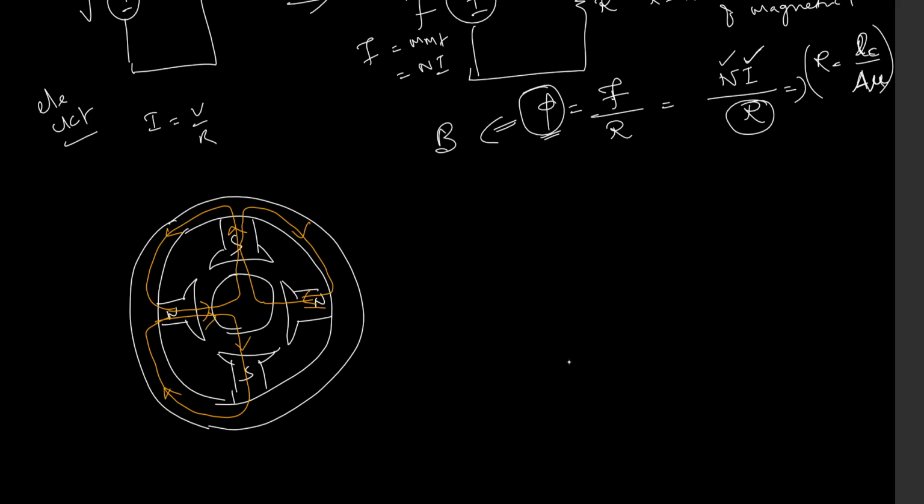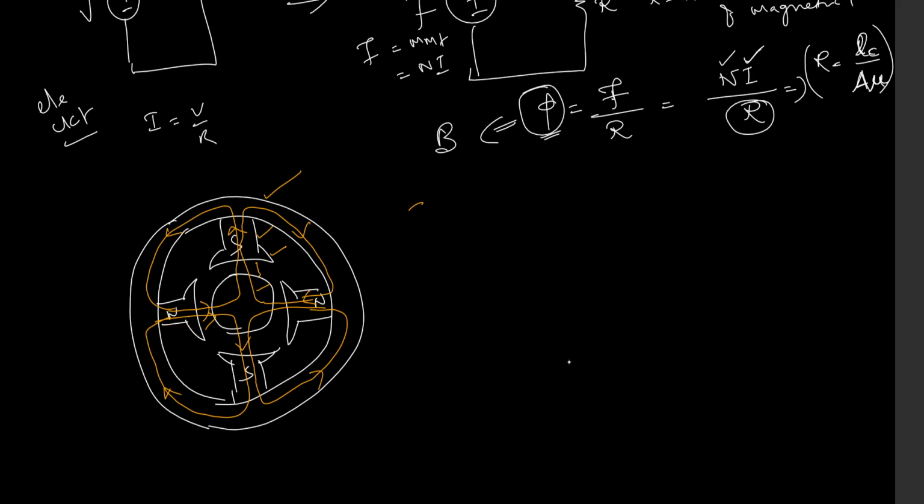Some flux lines coming out from this north pole go into the south pole and close like this, right? So this is how the flux is distributed in the stator core, poles, pole shoes, air gap, rotor, and it goes back like this.